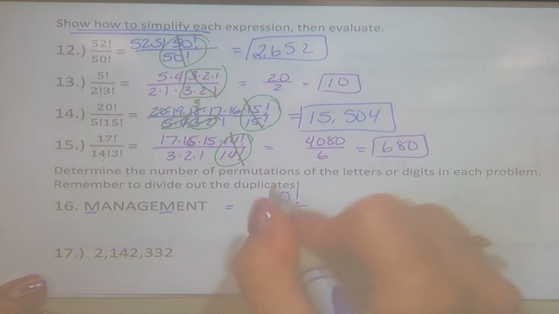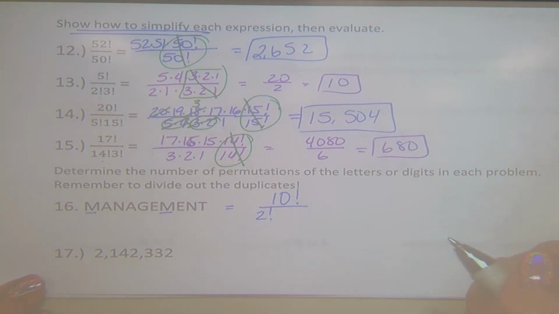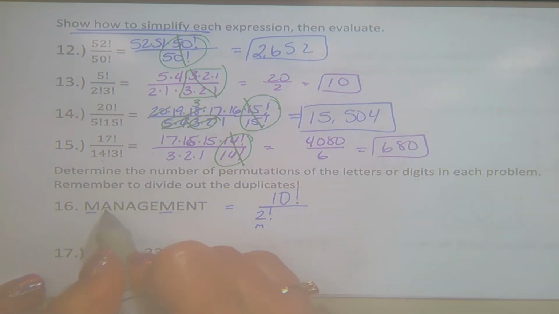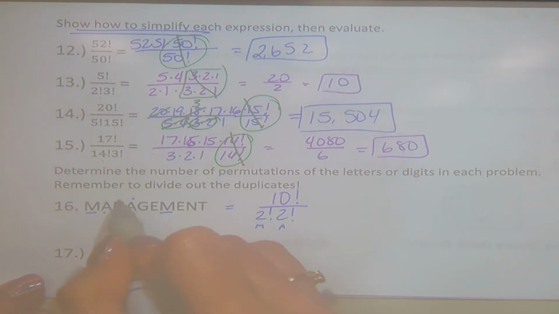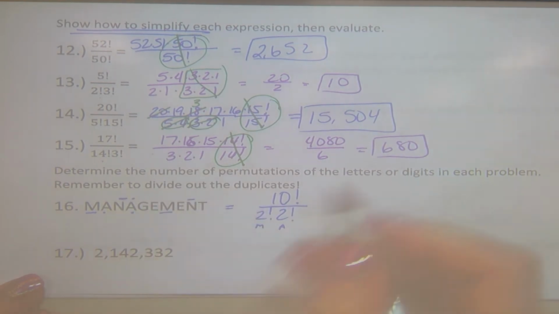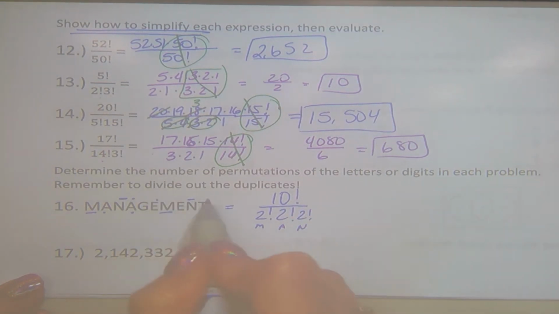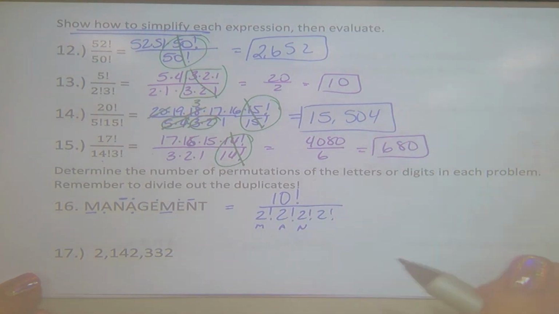I have 2 m's, so that's a 2 factorial for the m. I have 2 a's, so that's a 2 factorial for the a's. I have 2 n's, so that's a 2 factorial for the n's. And then I also have 2 e's, so another 2 factorial for the e's.